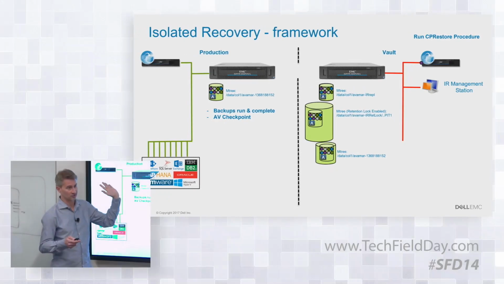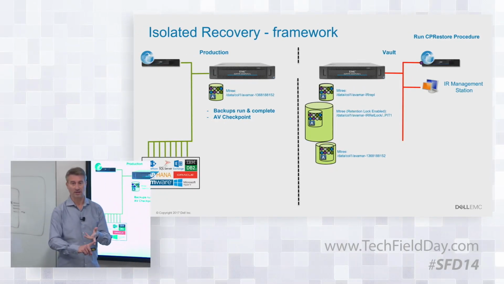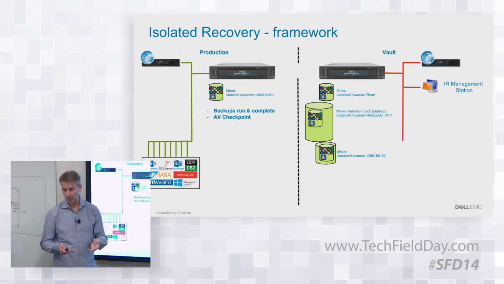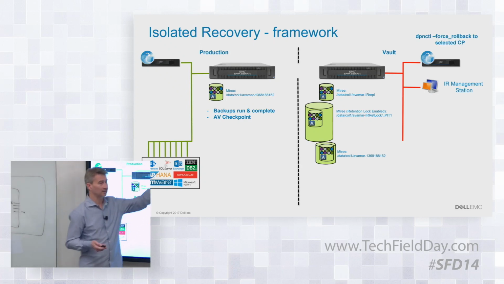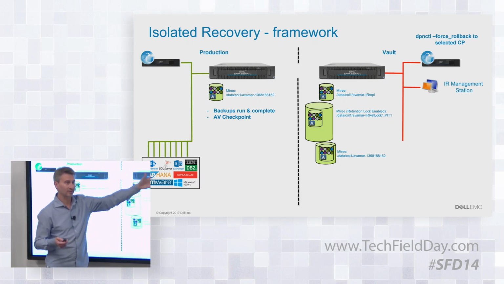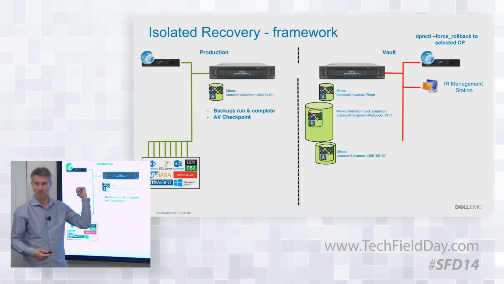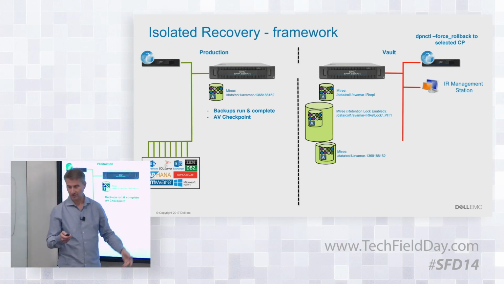It has nothing to do with the production site, but it has the entire configuration, what policies and what clients were configured. From that point, you do what they call a rollback. So now the data is back, and we do the same thing for Networker. Similar steps: you bring over the catalog or the checkpoint, and you do a forced rollback to bring yourself back to that point in time as you were on the production site. So now you can do restores afterwards.